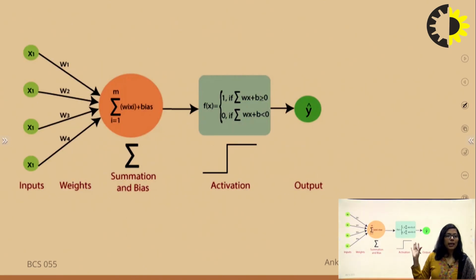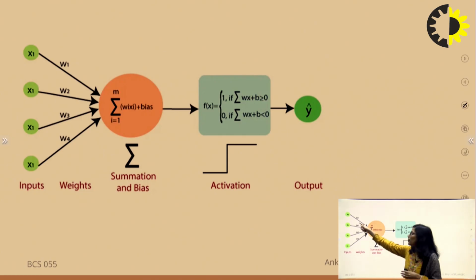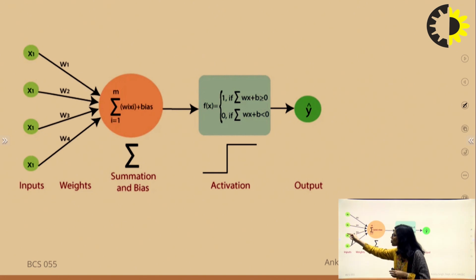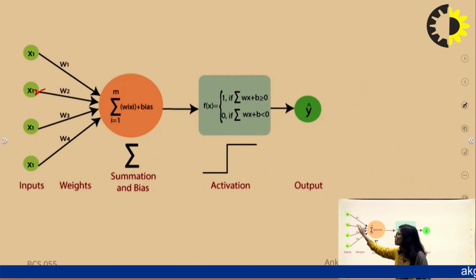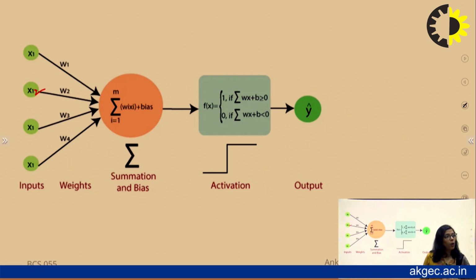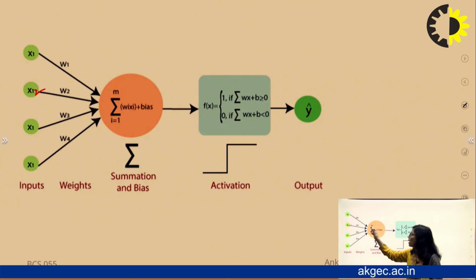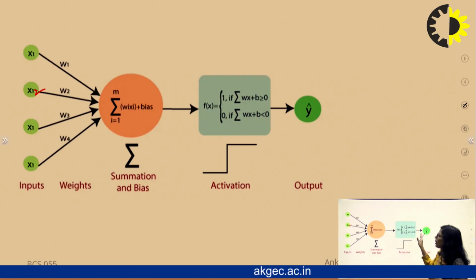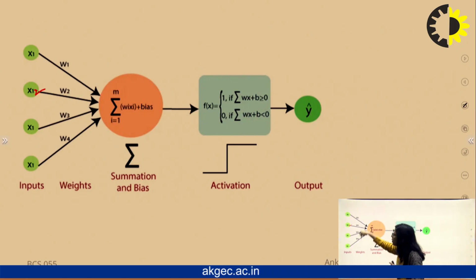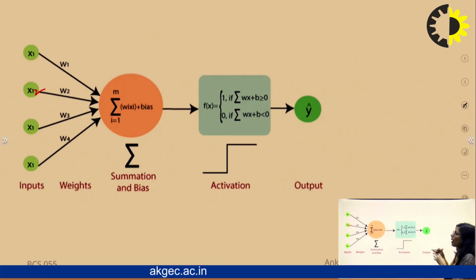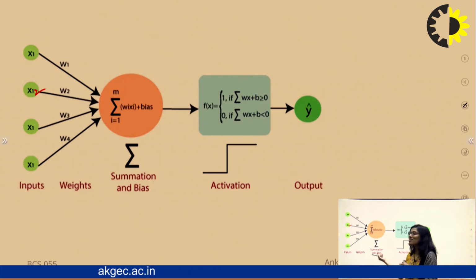Now we can understand the whole structure with the help of a diagram. So we have inputs x1, x2, x3, x4. These are my inputs. This is my input layer and this is my output layer. This is my one layer, input layer and output layer. In between, we have a summing function.